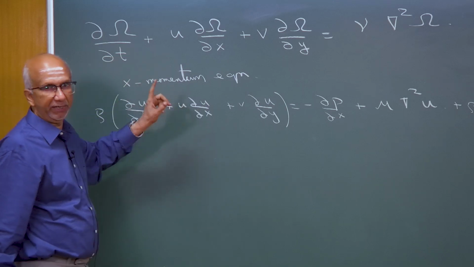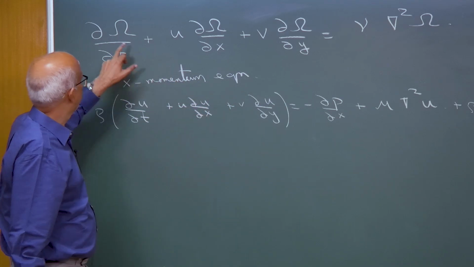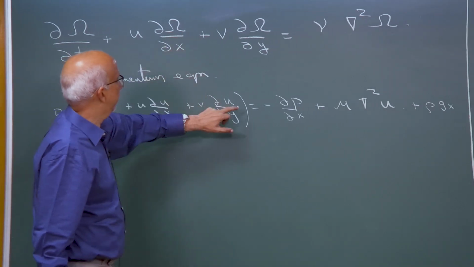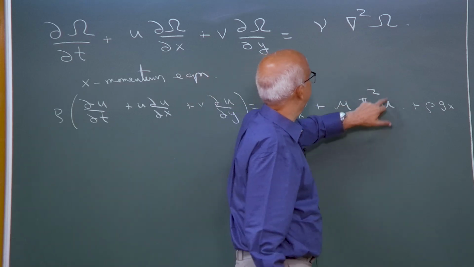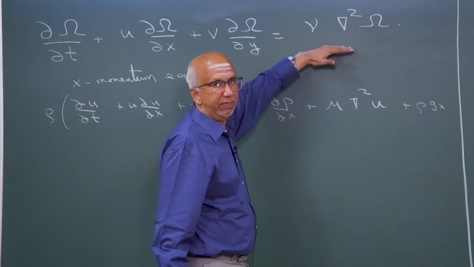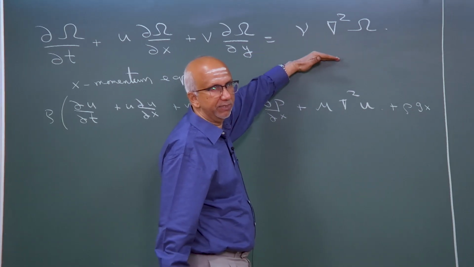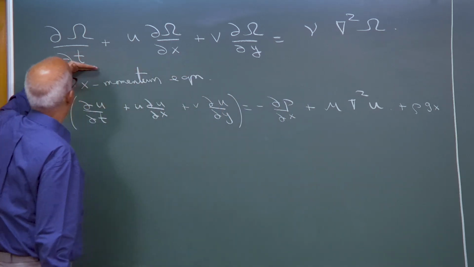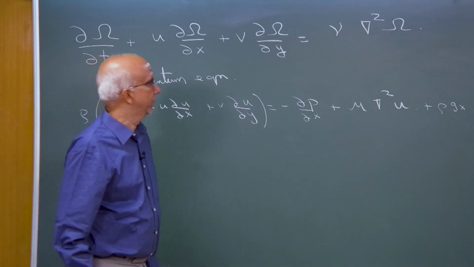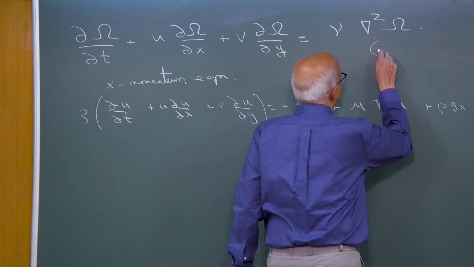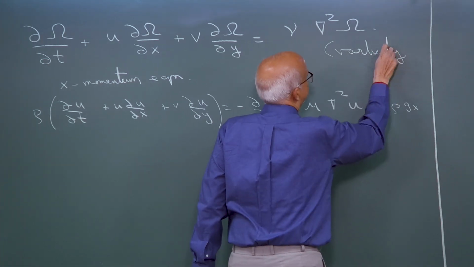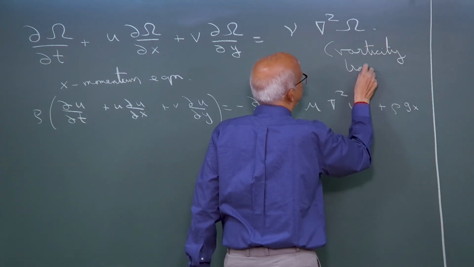This is the one which is getting transported. So, d omega by dt, this u is replaced by omega, and this u is again replaced by omega. So, this is diffusive transport of vorticity, convective transport of vorticity, and accumulation of vorticity, okay. So, this is basically your vorticity transport.